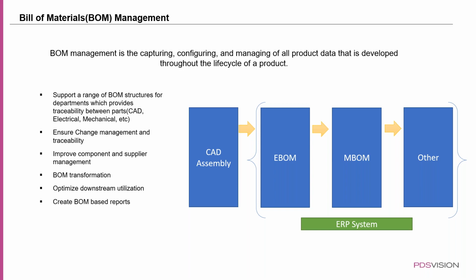A manufacturing engineer can make changes to his MBOM without disturbing the CAD assembly or the engineering bill of material. In this way, we can maintain change management and also ensure traceability between each type of BOM for a particular product.